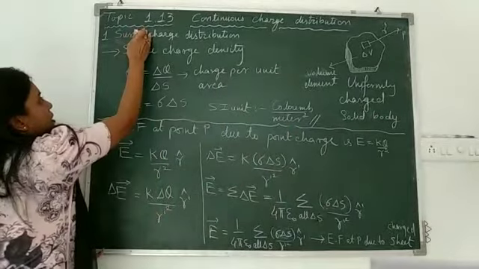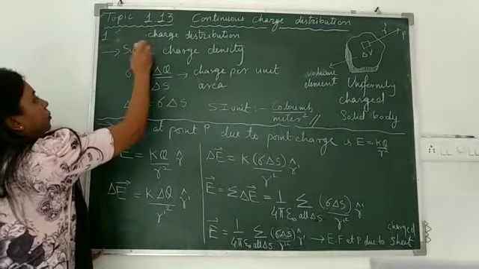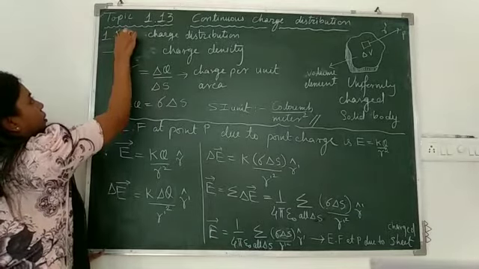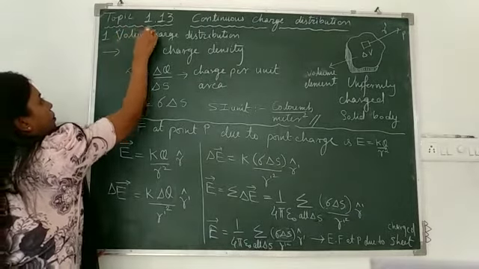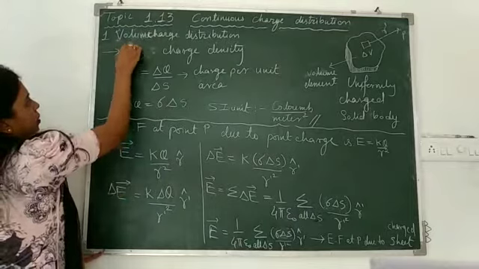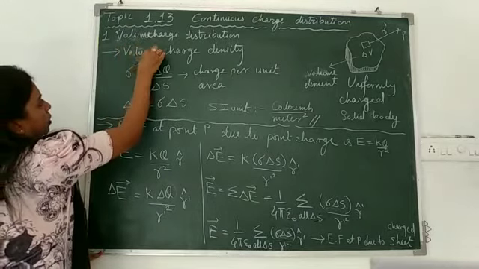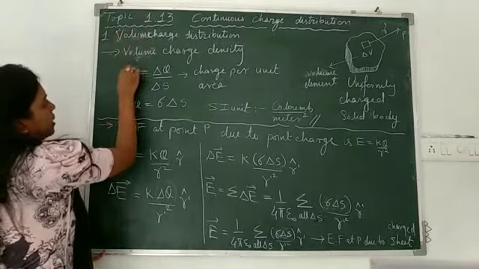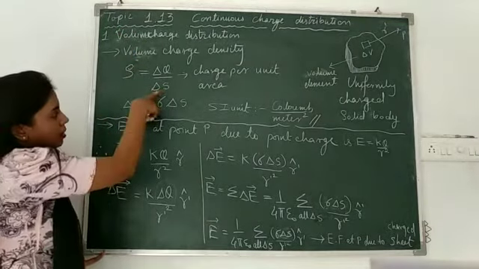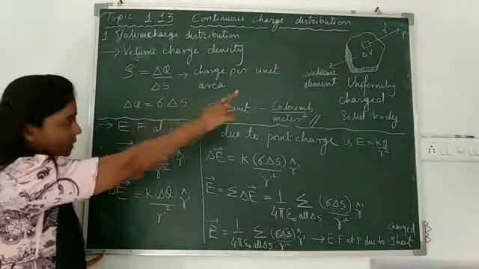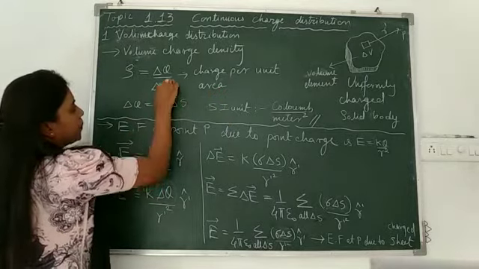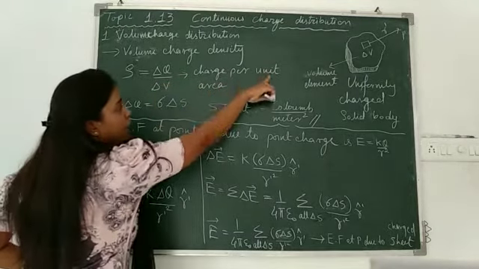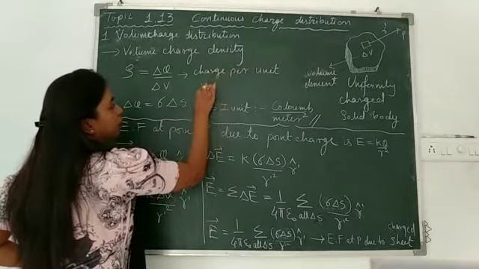Instead of surface charge distribution, we will write volume charge distribution here, volume charge density, and the symbol of volume charge density is rho. Instead of delta S, we will be writing delta V, and it will become charge per unit volume.